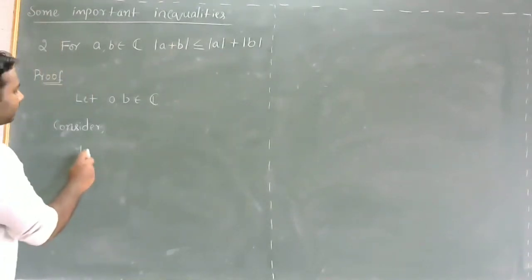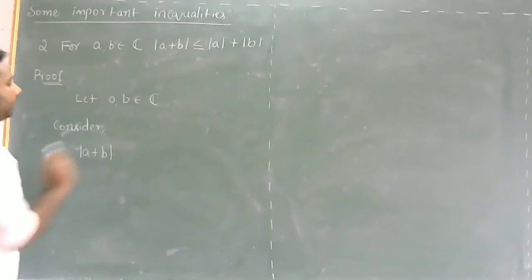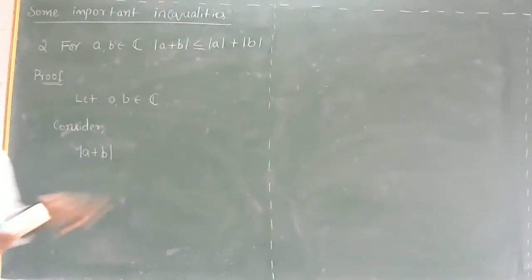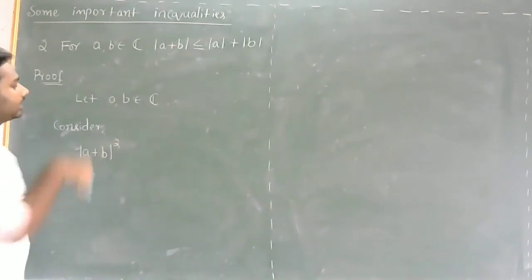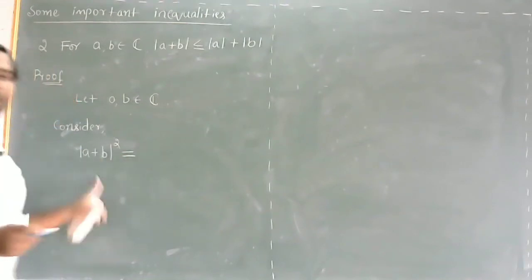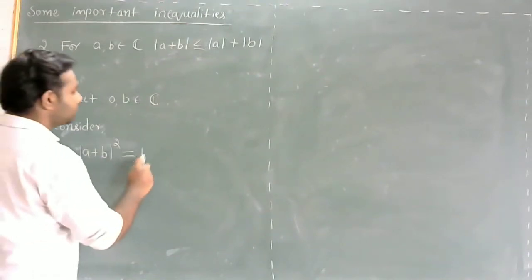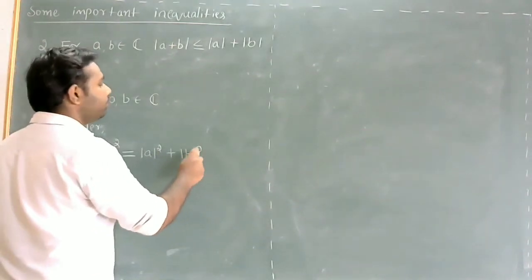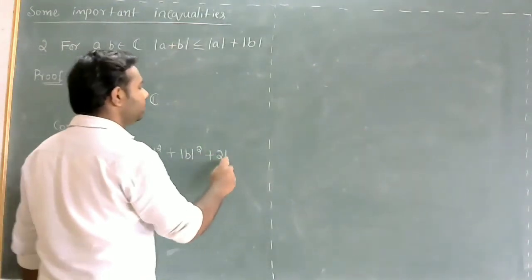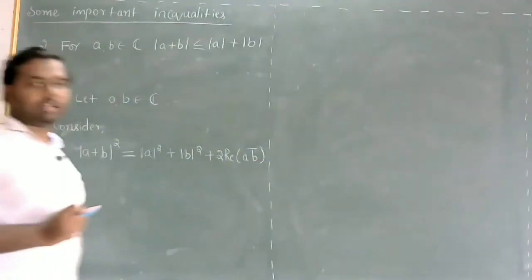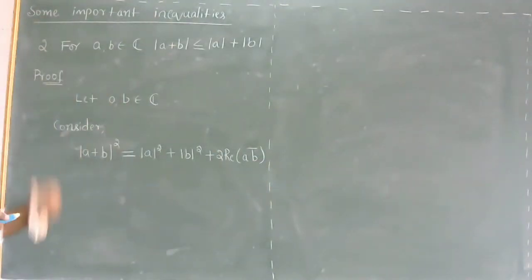So if I start with modulus of A plus B, expanding it is very difficult. So I'll consider its square. So modulus of A plus B whole square. We know that modulus of A plus B whole square is modulus of A whole square plus modulus of B whole square plus 2 into real part of A into B bar, which we have proved in the previous video.